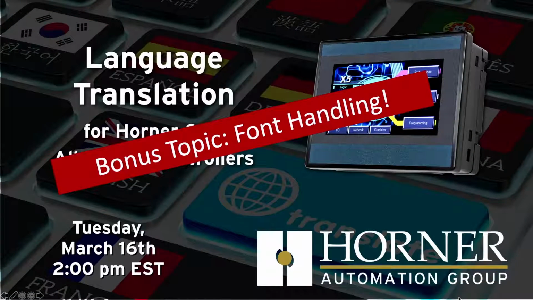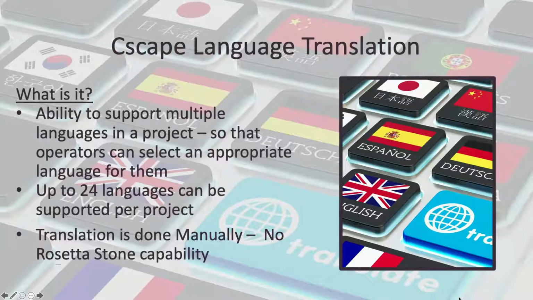All right, let's go ahead and get started with our topic, and that, of course, is language translation with the bonus topic of font handling. So let's start talking about Seascape language translation. What is it? Well, it's the ability to support multiple languages in a single project so that operators at runtime can select an appropriate language for them.